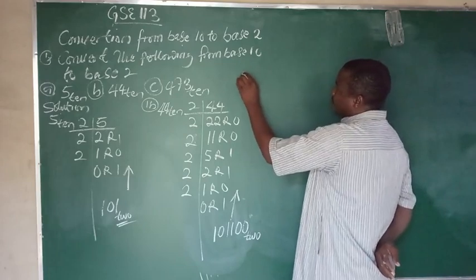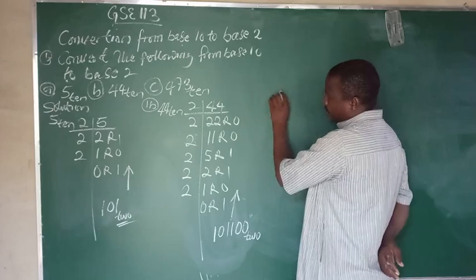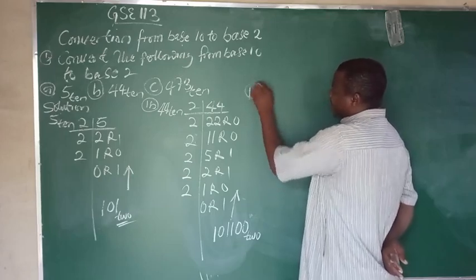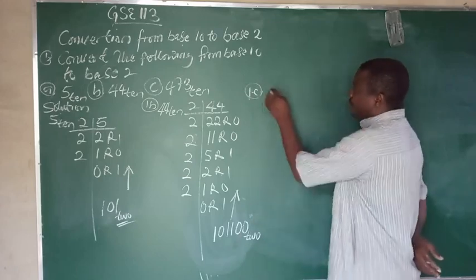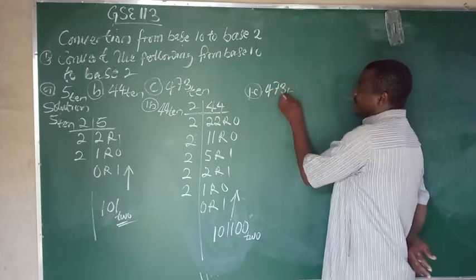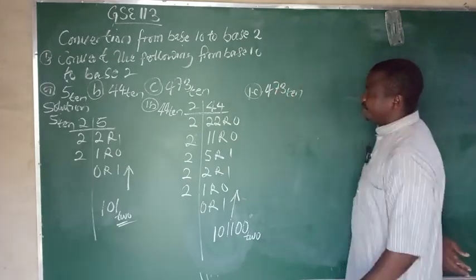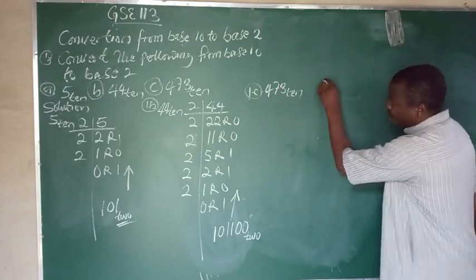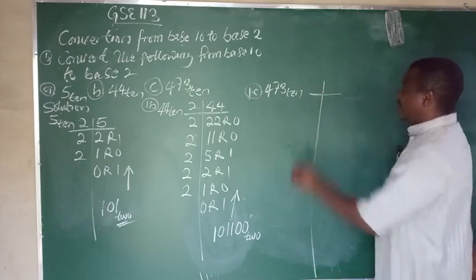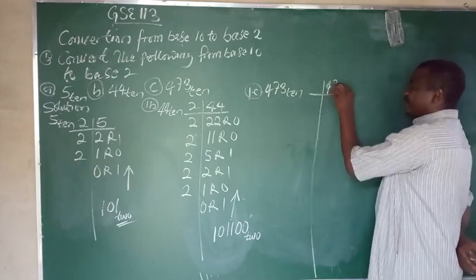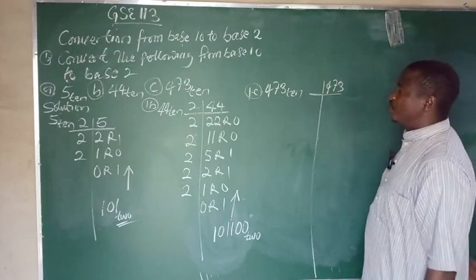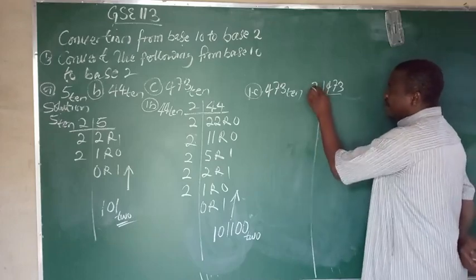Then 1C, which says 473 base 10. Therefore, we draw our line as usual, and we write 473. Here we are asked to convert it into base 2, then we divide by 2.